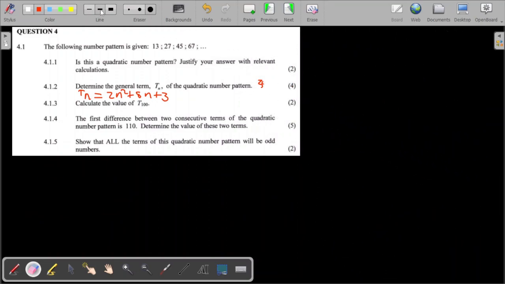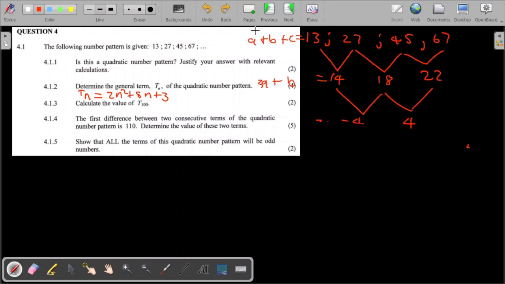Now doing this one, they're asking us for the first difference between two consecutive terms of the quadratic pattern.